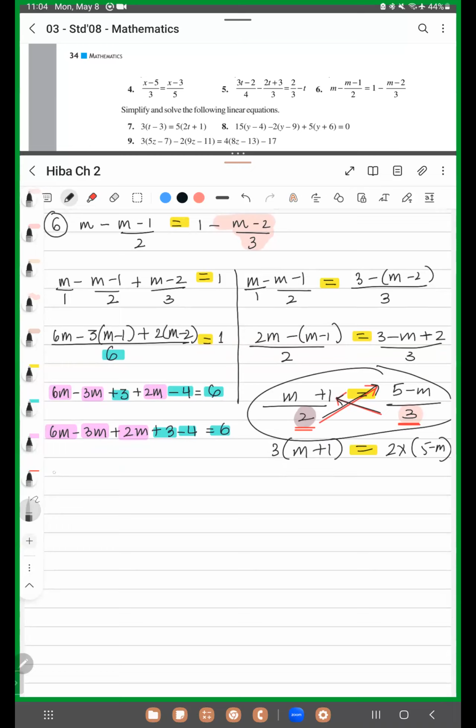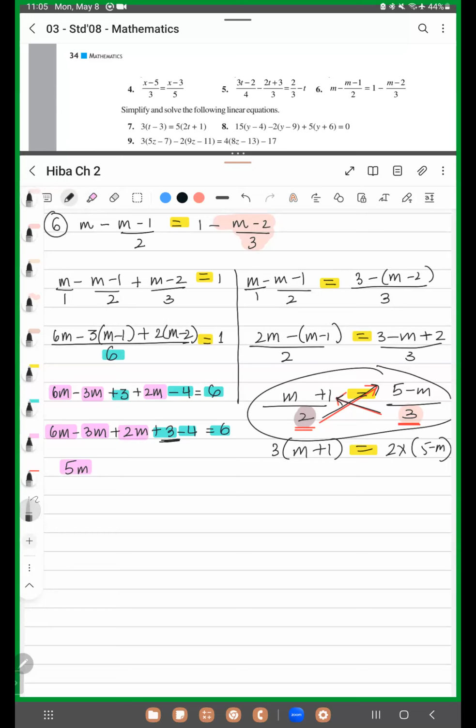चलिए, अब बताइए मुझे. It will be 5m. 6m minus 3m plus 2m, it will be 5m. Then when we add 3, will we include m in it? बच्चे 3 के पास m है क्या कहीं?